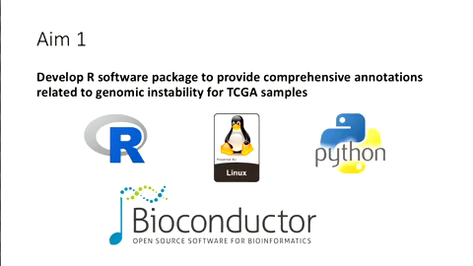So this brings me to aim one, which is basically to develop an R software package to be launched through Bioconductor. And this will provide comprehensive annotations related to genomic instability for TCGA samples. And this will include coding in R, Linux, and Python.